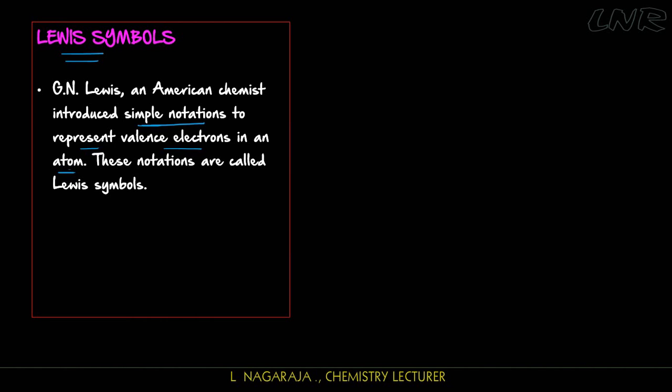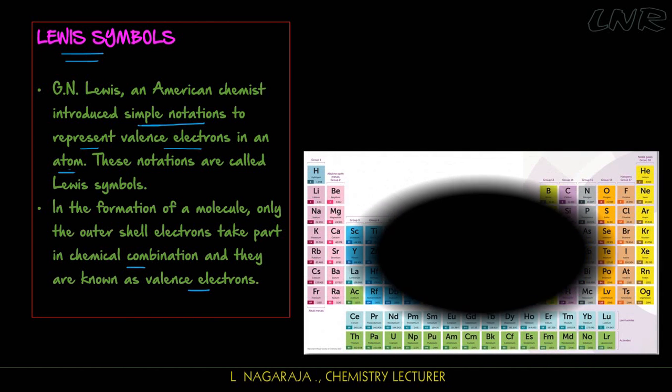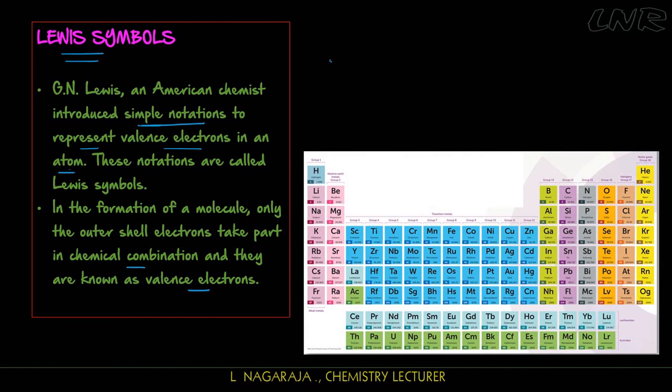Let us see how to represent the number of valence electrons in the atoms. In the formation of a molecule, only the outer shell electrons take part in the chemical combination, and they are called valence electrons. For example, let us take first group elements, that is hydrogen. Hydrogen contains only one electron in the outermost orbital, right?